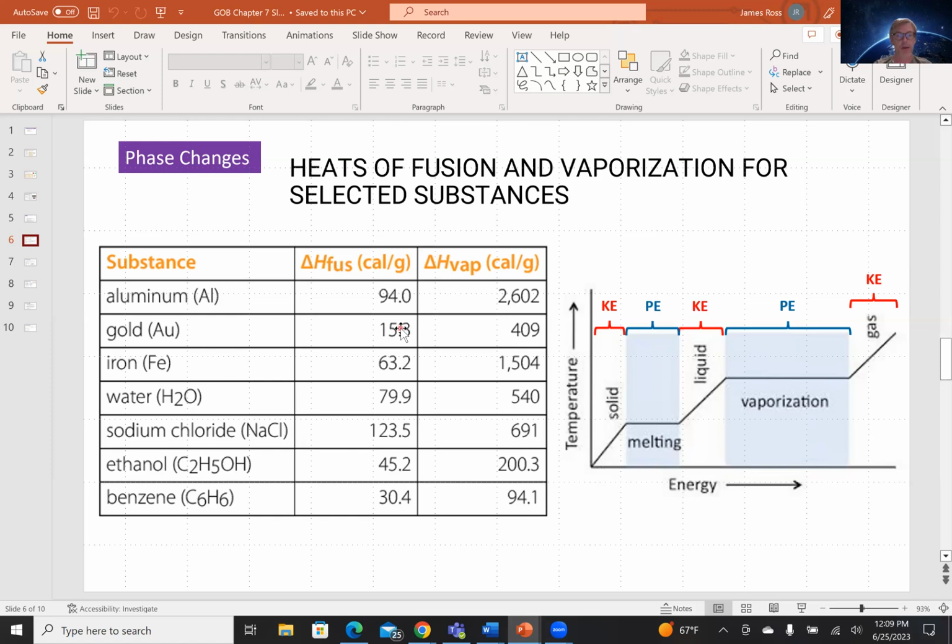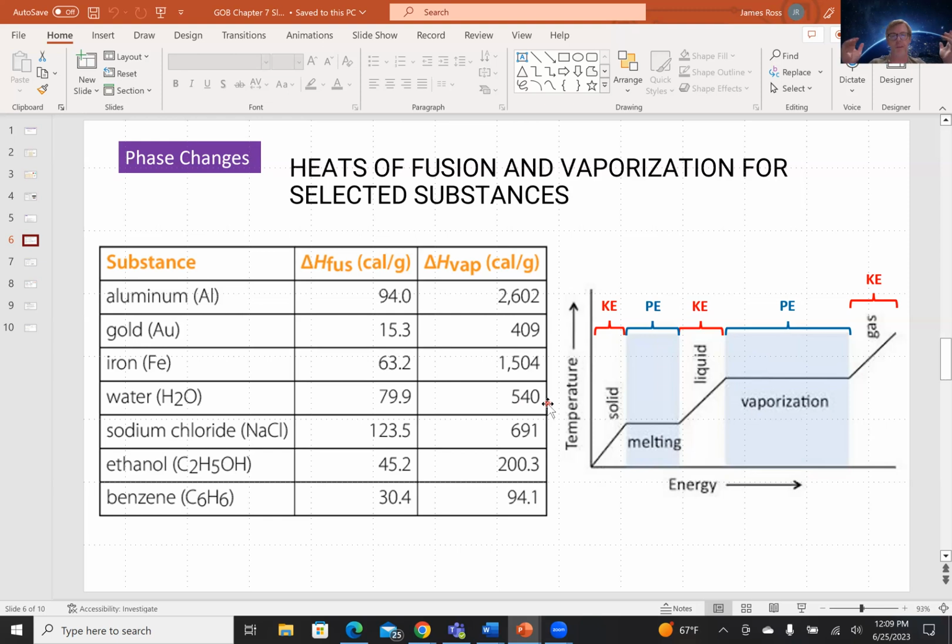Looking here, is there anything I particularly want to point out about these enthalpies? Yes, you can interpret these. I'll interpret the water one with you. We notice that the enthalpy of fusion has a reported value of 79.9 calories per gram, whereas the enthalpy of vaporization is much larger at 540 calories per gram.